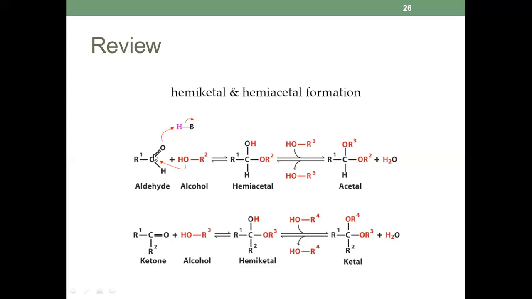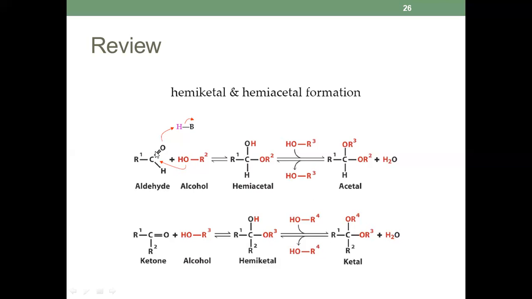To have that, your oxygen will abstract a proton from the solution to have your OH, and then you will have your OR here. So once you have this, you have your OR and OH.